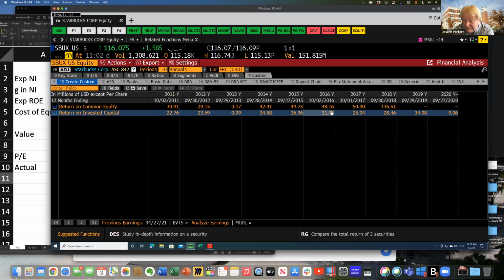Right? Because the return on invested capital is the average of the return on equity and basically the return on the debt holders. So if we knew what that average debt to equity ratio was, and we knew our return on invested capital, then basically we can get to a return on equity.